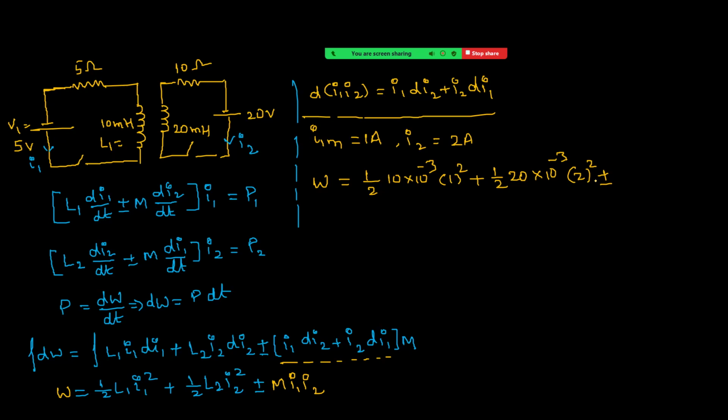See, M value I have not mentioned here. See the diagram once. It is given 5 millihenry. Coefficient of mutual induction, that is given 5 millihenry. Substitute that here. 5 milli, 10 power minus 3, I1 I2, 1 into 2, that is 2.